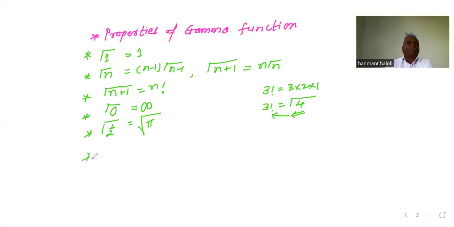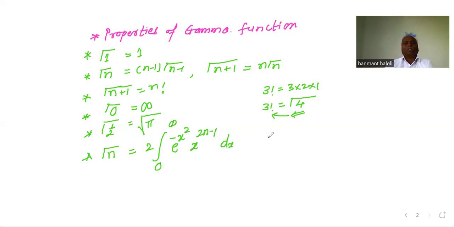Then we have another important formula. Gamma n can also be evaluated by its integral formula: 2 times the integral from 0 to infinity of e raised to minus x square, x raised to 2n minus 1, dx.